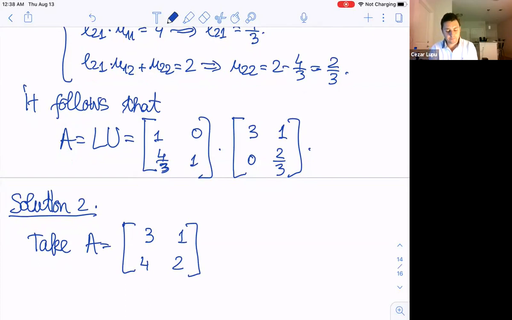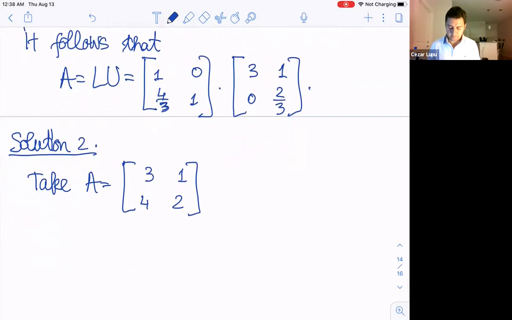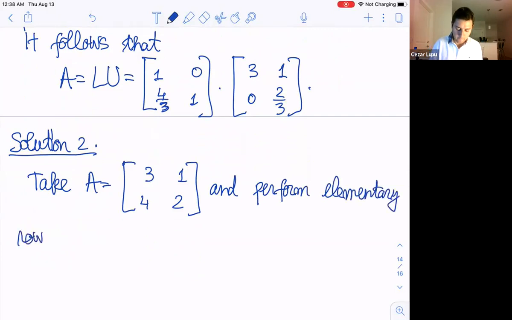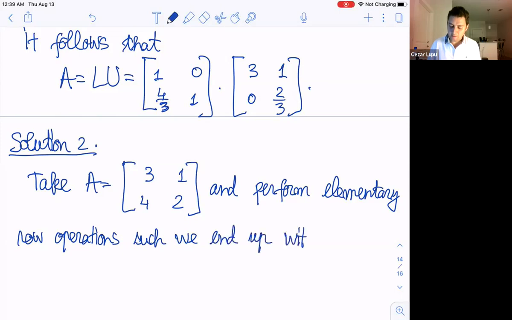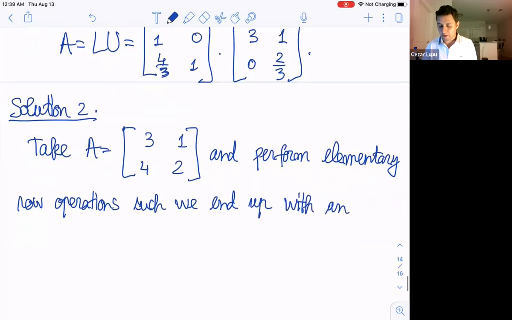I will, okay, let me do it this way. And perform elementary row operations such that we end up with an upper triangular matrix.